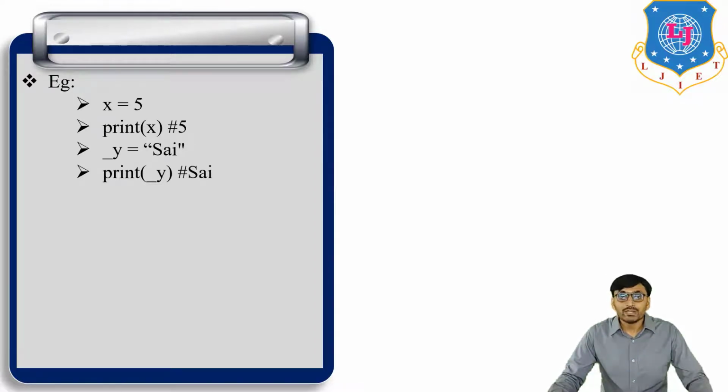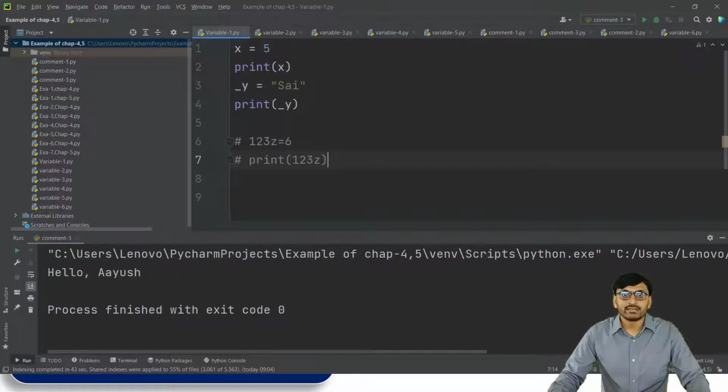Now this same program we run in PyCharm. So same code: x = 5, then print x, and _y = pi and print _y. And these bottom two lines are comment lines, because before the start of these two lines there is a comment symbol.